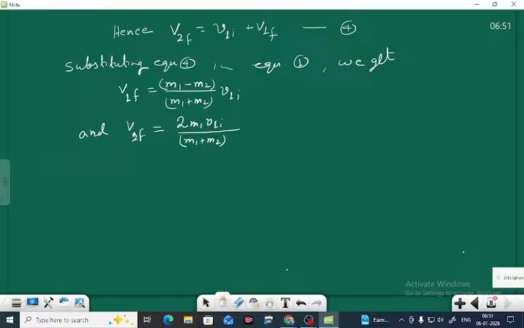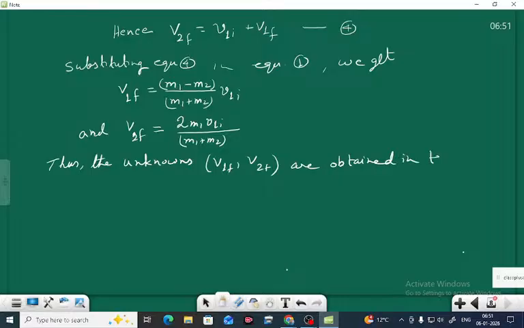Thus the unknowns v1 final and v2 final are obtained in terms of knowns, that is m1, m2 and v1 initial.